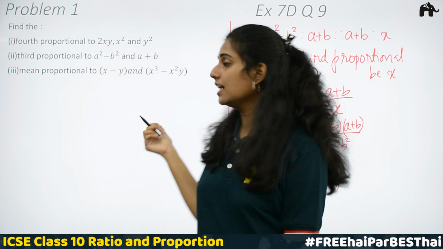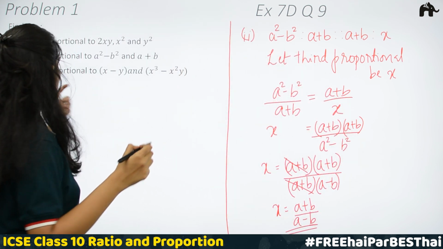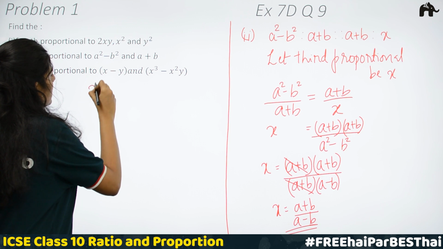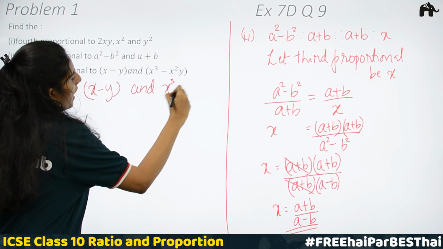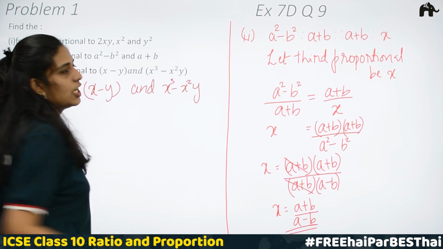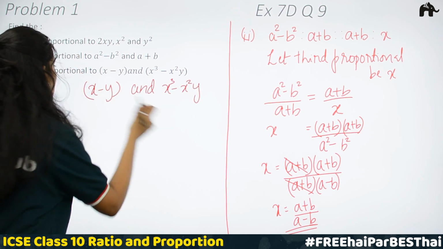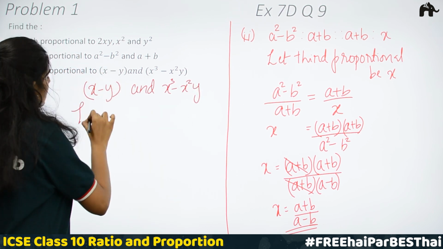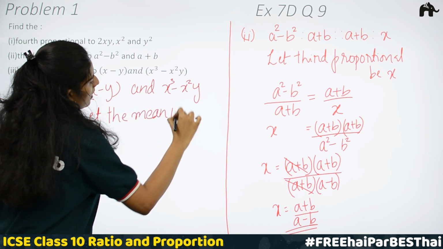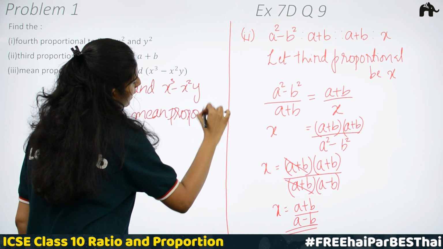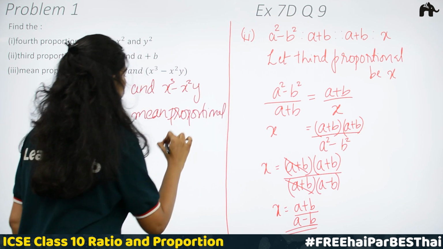Now the third question, we need to find the mean proportional to x minus y and x cube minus x square y. Mean proportional comes in the middle. Okay, here let the mean proportional be a.